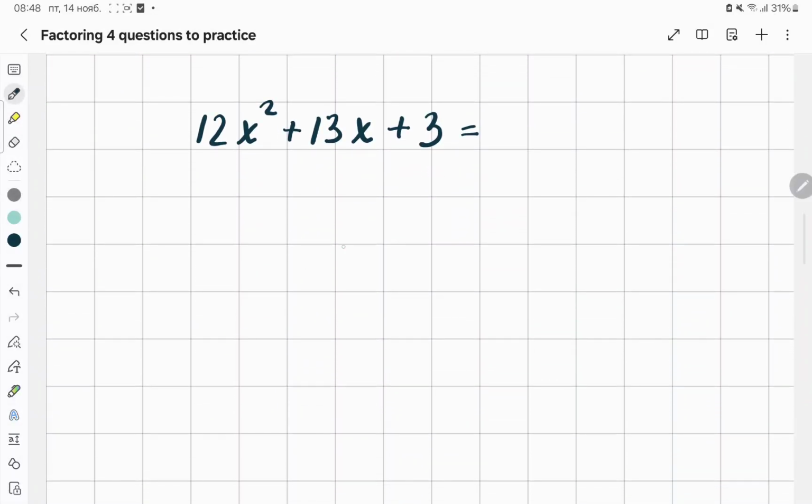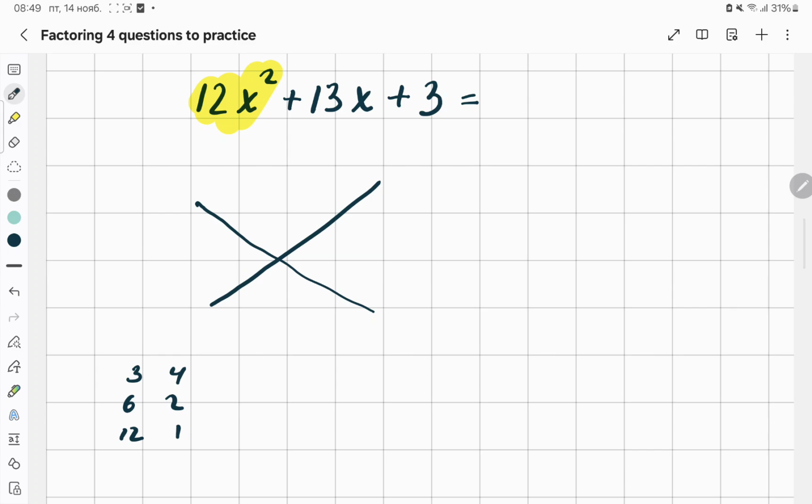To practice with this type of question, let's turn to the next question. Let's try to solve this one as well. So 12, there are different types of factors on the left side, yeah? So 12, it is 3 and 4, 6 and 2, 12 and 1, and we have to choose which pair we will use. Let's start with 12 and 1, for example, yeah? So 12x and 1x, here 3 and 1.